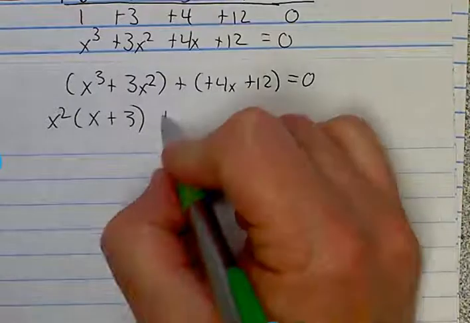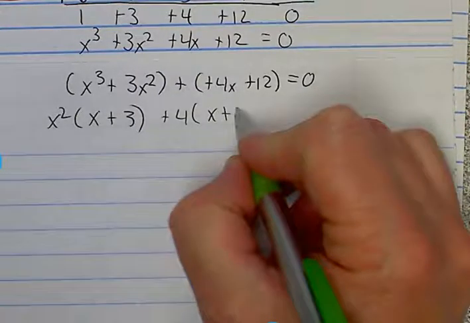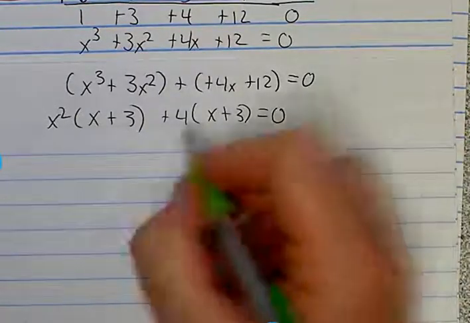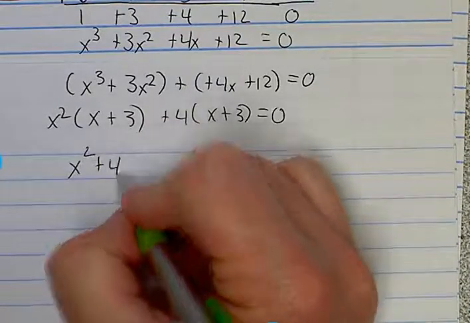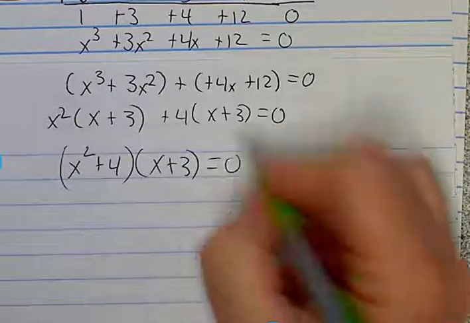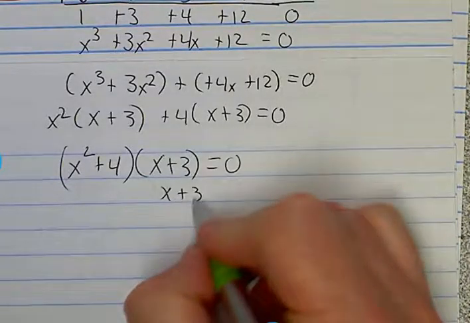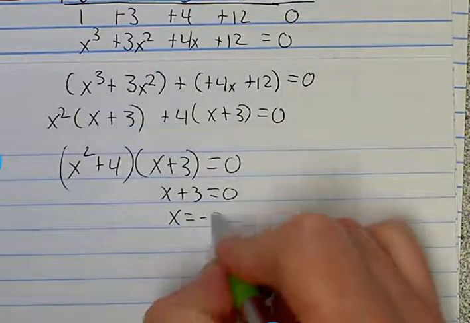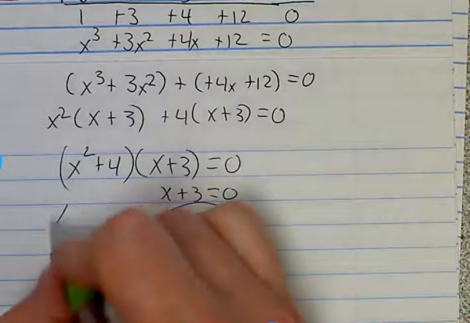This one you could have taken out the 4 and gotten x plus 3. So you'd have x squared plus 4, and then your x plus 3. And now you're right back to the same boat we were. Set this equal to 0, and set this equal to 0.